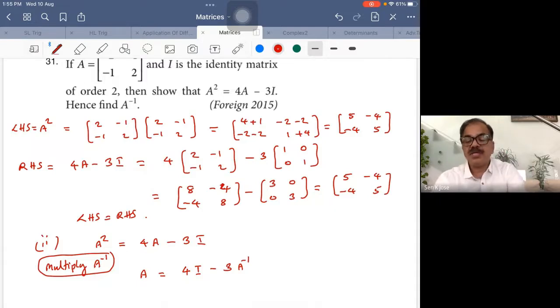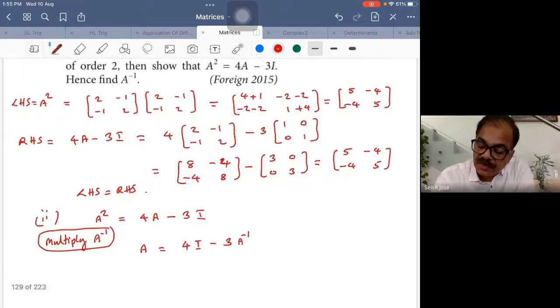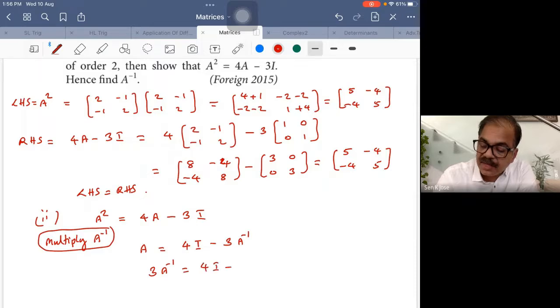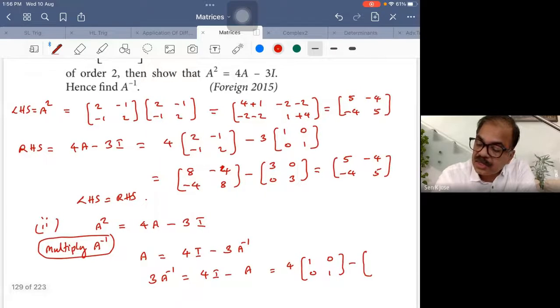And now my question is to solve for A inverse. So I'm going to rearrange for A inverse. When I rearrange, I bring this minus 3A inverse to the left side and A to the other side. So that will be 3 times A inverse is equal to 4I minus A. That is 4 times I, 1 0 0 1, minus A. A means the original matrix, 2 minus 1 minus 1 2.